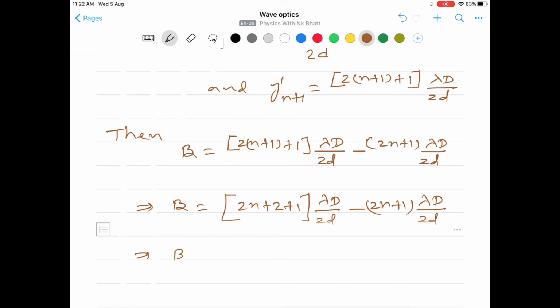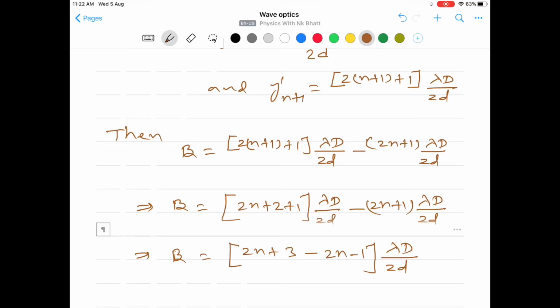If you take out, (2n plus 3) minus (2n minus 1)... lambda D upon 2d. So what we have done, we have taken lambda D upon 2d as common.